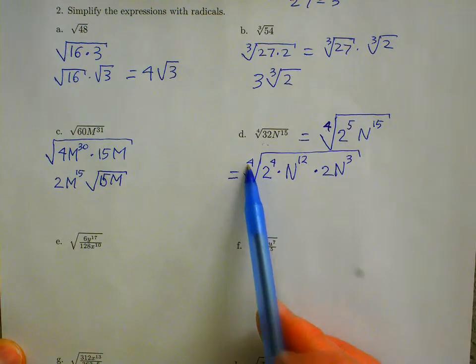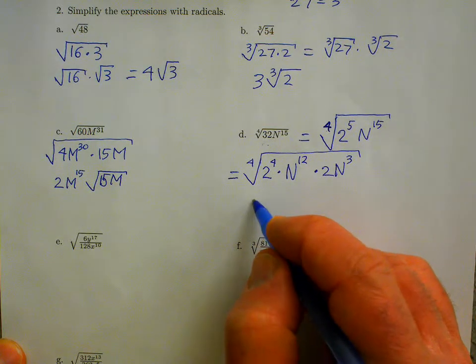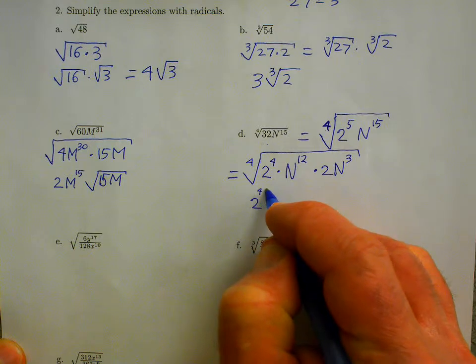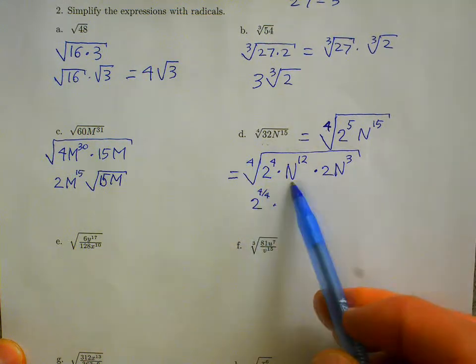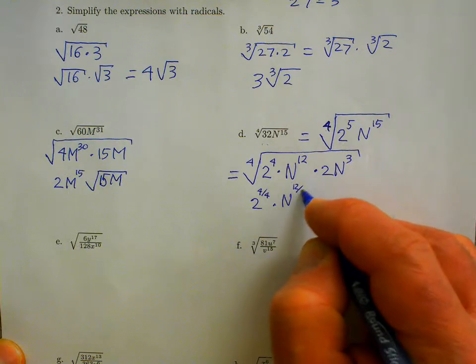And then the fourth root of 2 to the 4th is 2 to the 4 divided by 4. And then the fourth root of n to the 12th is n to the 12 divided by 4.